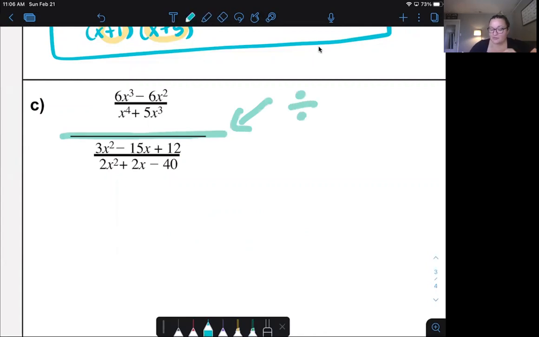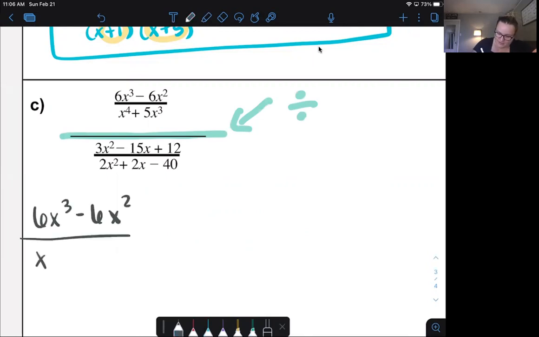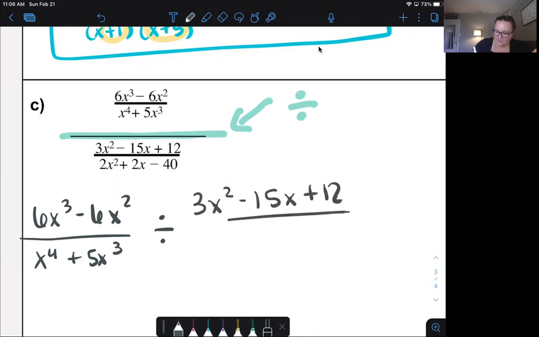So what if we rewrote this as 6x cubed minus 6x squared over x to the 4th plus 5x cubed divided by 3x squared minus 15x plus 12 over 2x squared plus 2x minus 40.